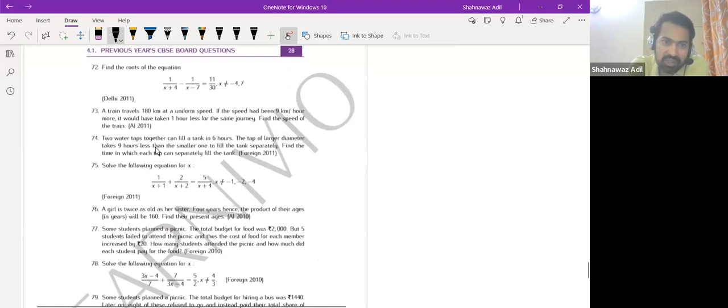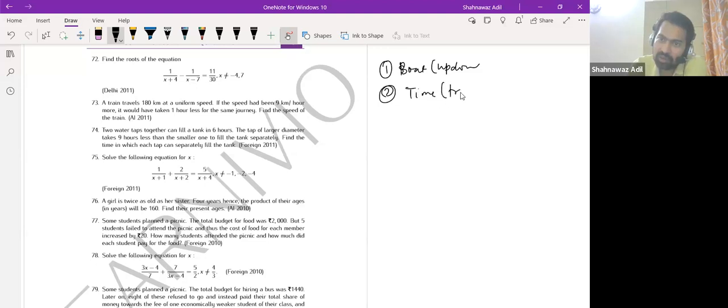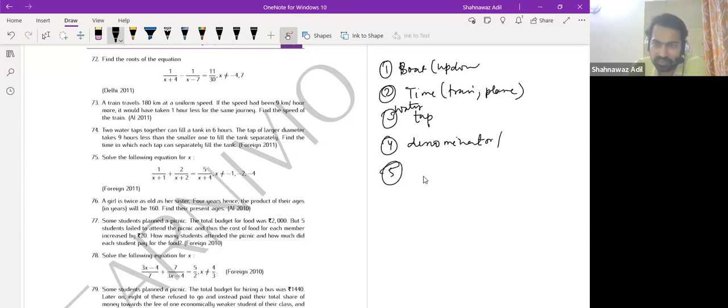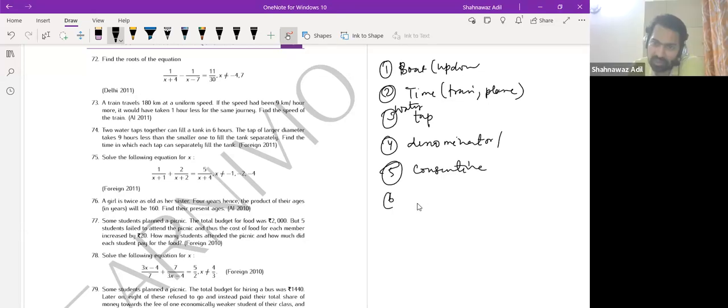So we have boat upstream and downstream questions, then time questions with train or bus or plane, then water tap questions, then the fourth one is denominator or numerator, and the fifth is consecutive numbers and fractions.